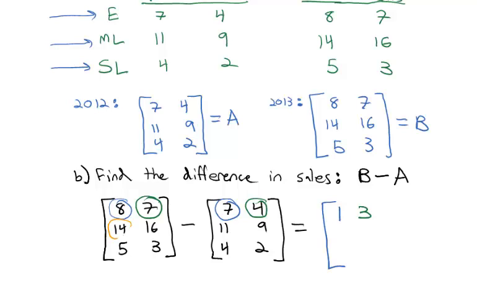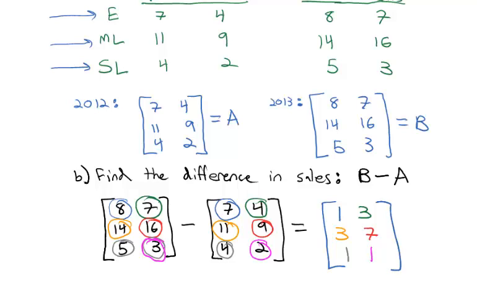And we can continue on. 14 minus 11, that's 3 also. 16 minus 9, that's 7. 5 minus 4 is 1. And 3 minus 2 is 1.